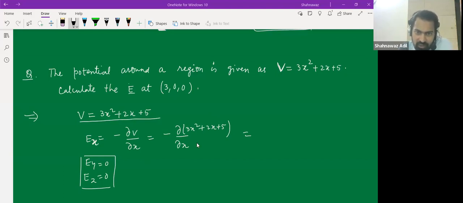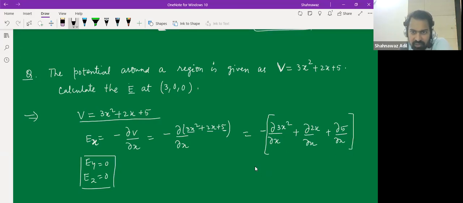Sia, you know about the differentiation. So these are three terms, so we will do the separate differentiation. This is d by dx of 3x square, plus d by dx of 2x, and then d by dx of 5.